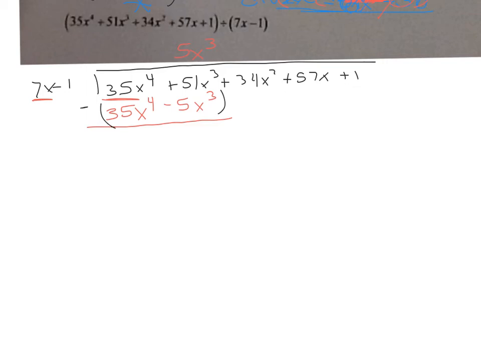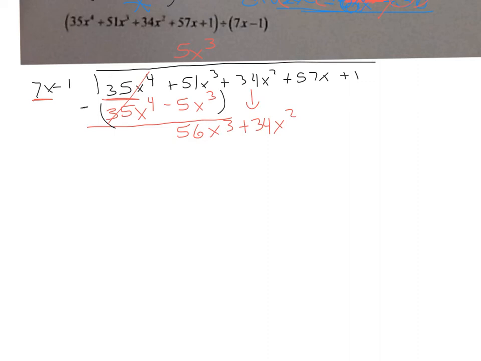Okay, so I have 51x to the third minus negative 5x to the third is positive 56x to the third. And then 35x to the fourth minus 35x to the fourth, well, that's 0. All right, and now we're going to bring down 34, plus 34x to the second.